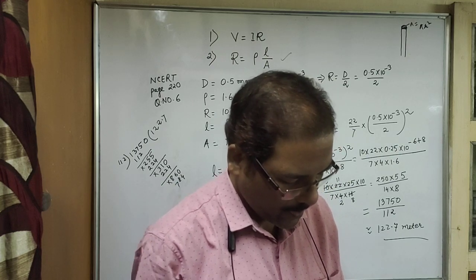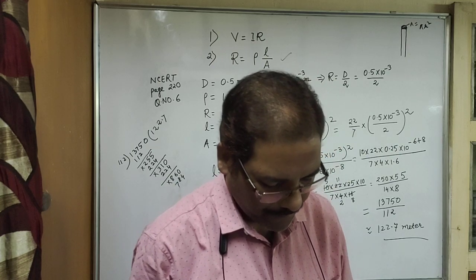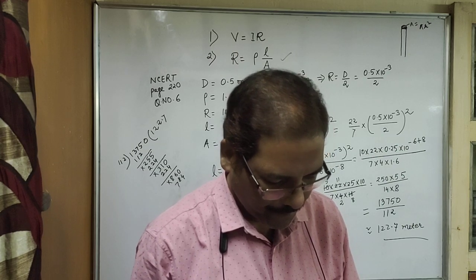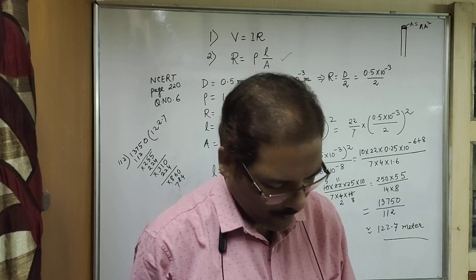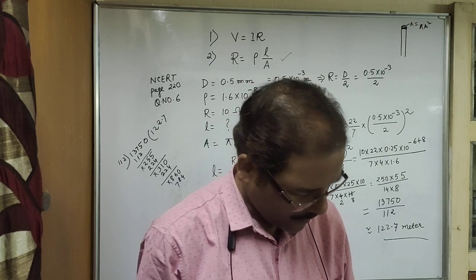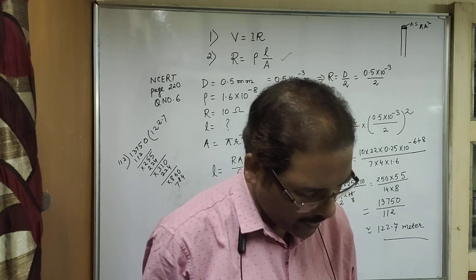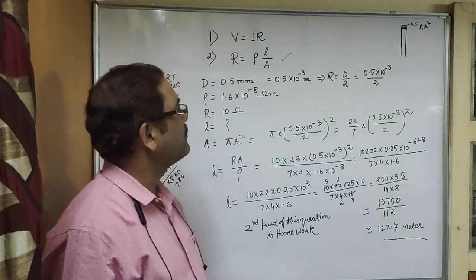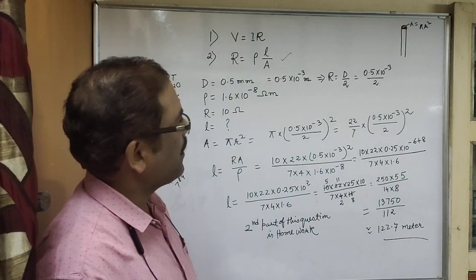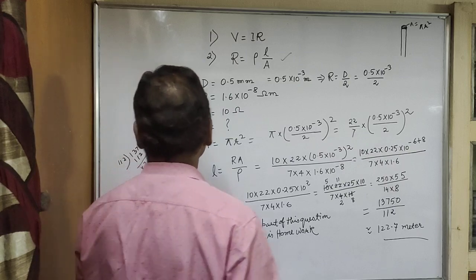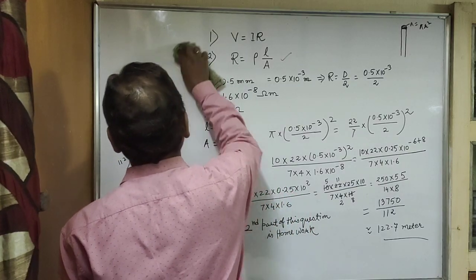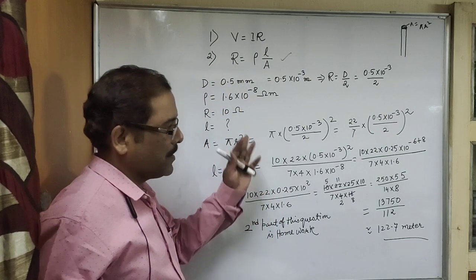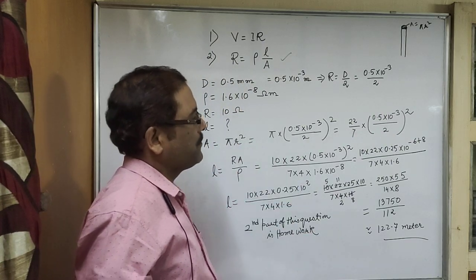A question is given in an example that is equally important. This is on page 208, example 12.5. So we will solve that question. And you must copy all of these in your classwork copy.